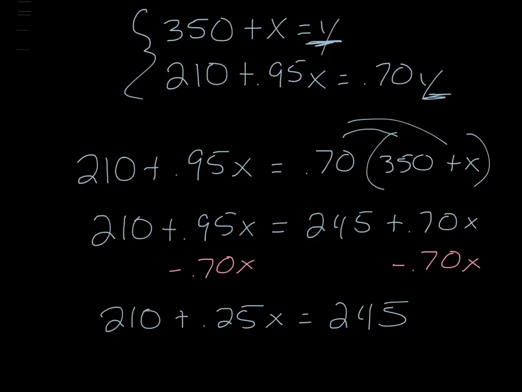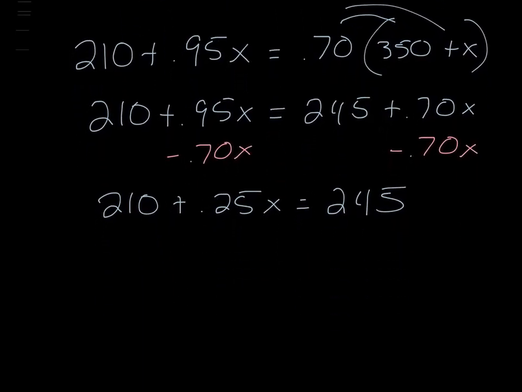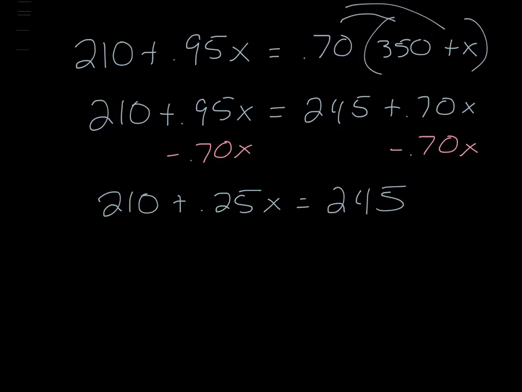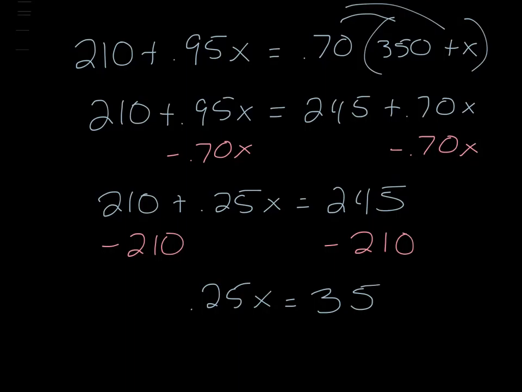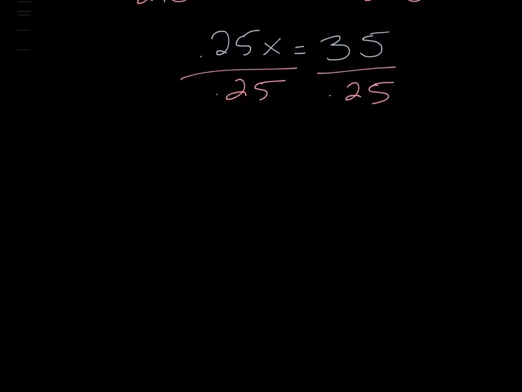Then I'm going to subtract 210 from both sides of the equation, and what I have now is 0.25x equals 35. I'm going to divide both sides by 0.25, and that will give me x equals 140.